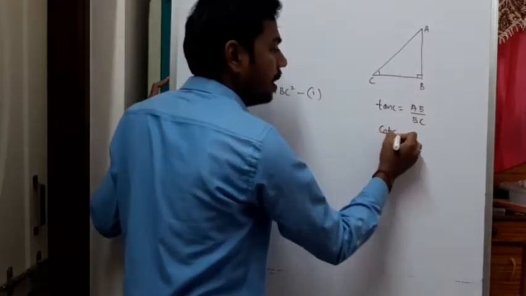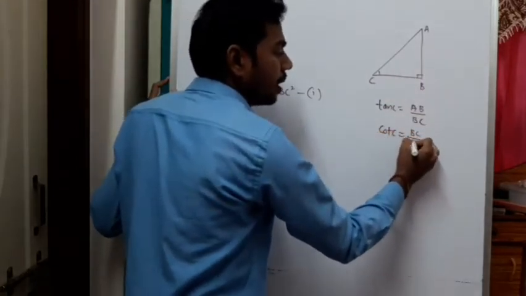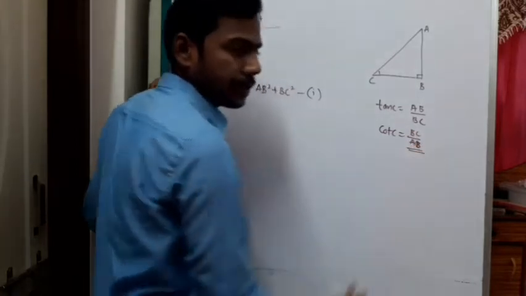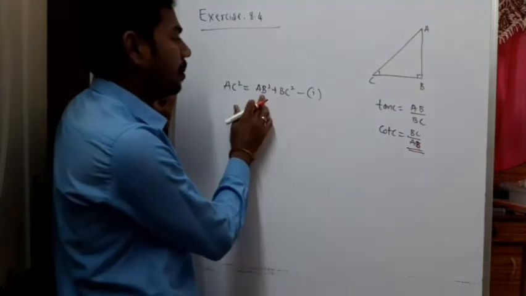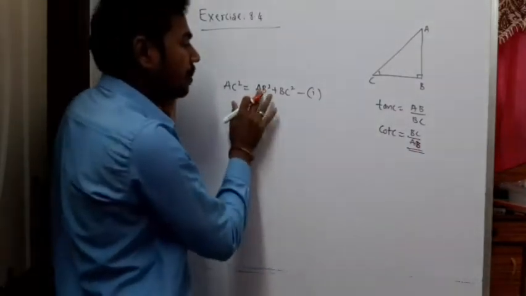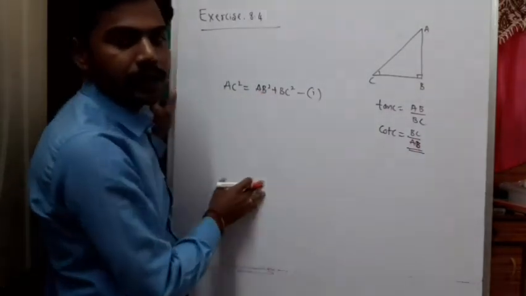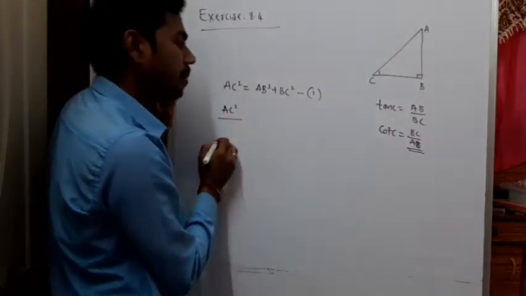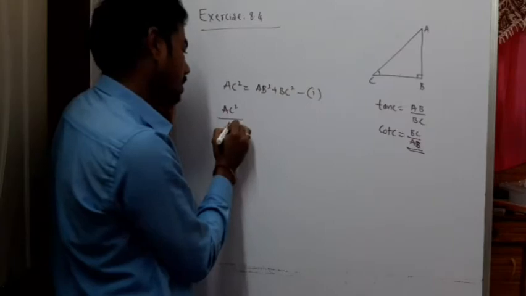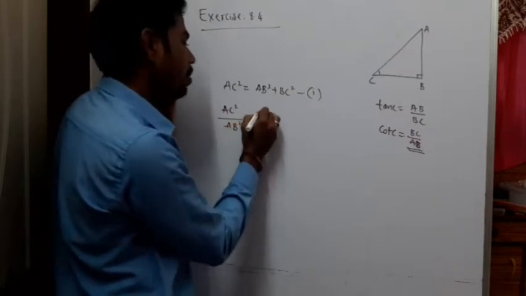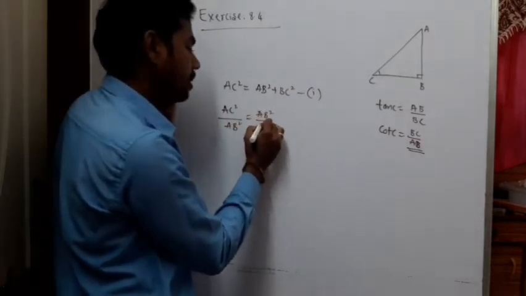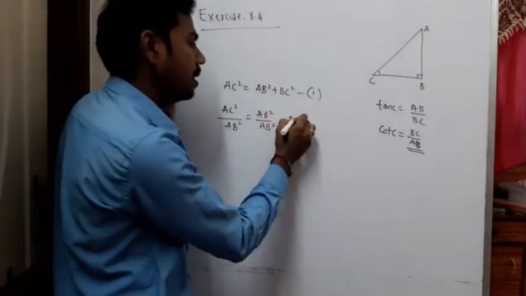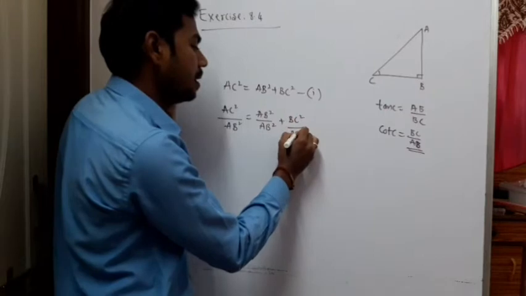Then cot C will be BC by AB. AB is in the denominator, so we will divide the entire equation by AB square. So AC square divided by AB square is equal to AB square divided by AB square plus BC square divided by AB square.